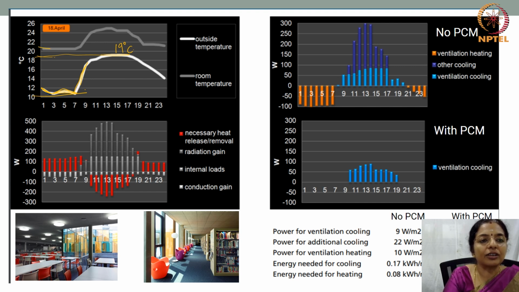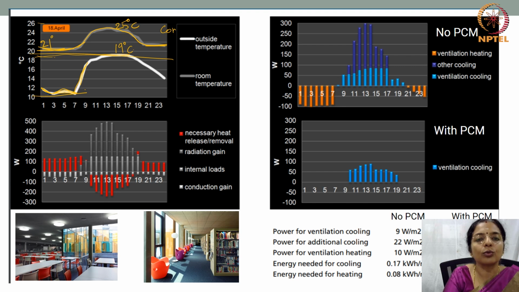The room temperature is at 21 and moves maximum up to 25 degrees centigrade, from 21 degrees to 25 degrees centigrade. And we also saw that this is very much in the desirable or comfort band range.